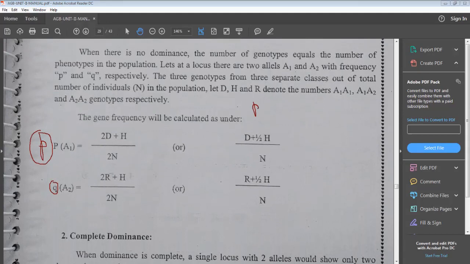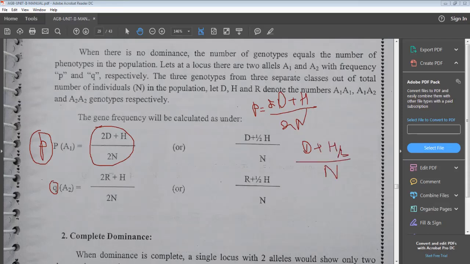To calculate small p, the formula is twice of D plus H divided by twice of N. Or we can divide these all by 2, and that gives us (D plus H by 2) divided by N.